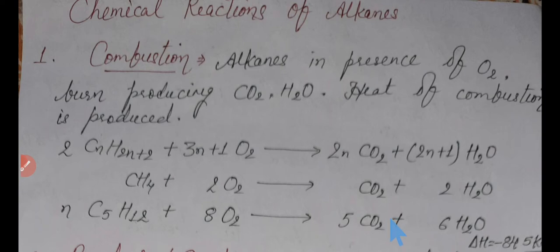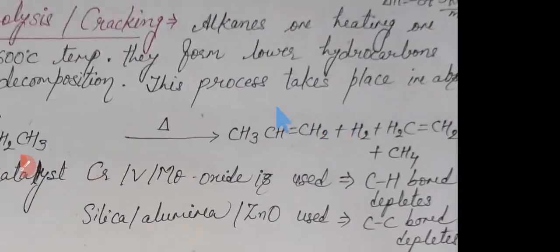So this combustion reaction is very important from the point of view of domestic uses in cooking food. Methane and a mixture of lower alkanes show combustion reaction, and the energy produced is used while cooking food.